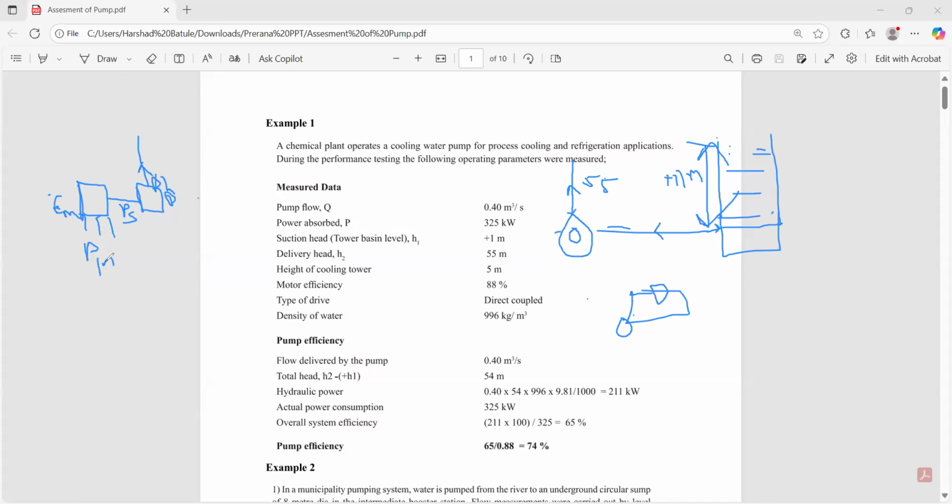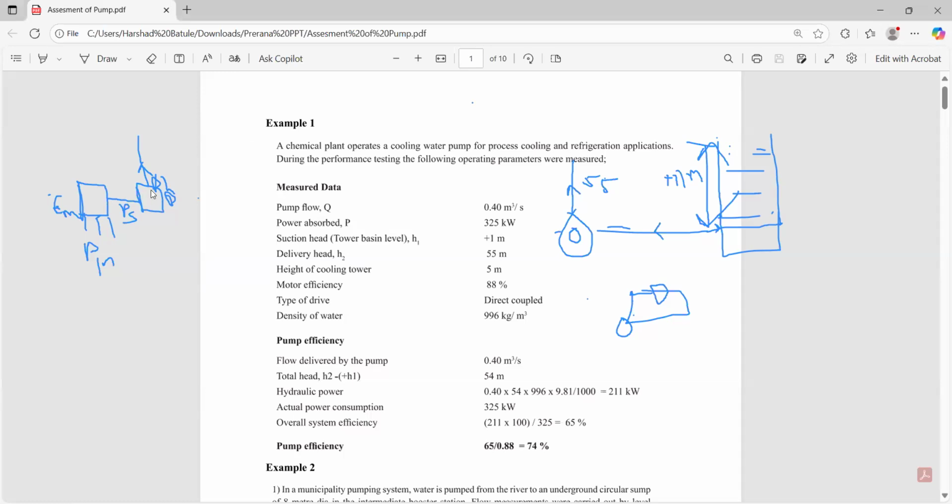Understand, if the input power is given as 325 kilowatt and the motor efficiency is 88%, then 325 into 0.88 means 286 kilowatt is transmitted to the shaft. So your transmitted power is 286 kilowatt and your input power was 325 kilowatt.